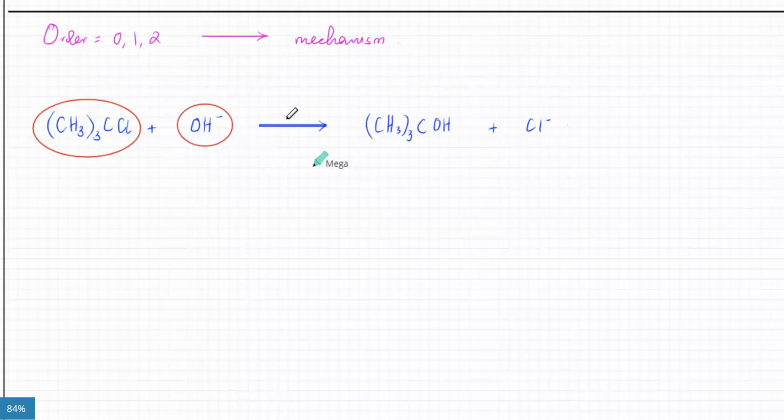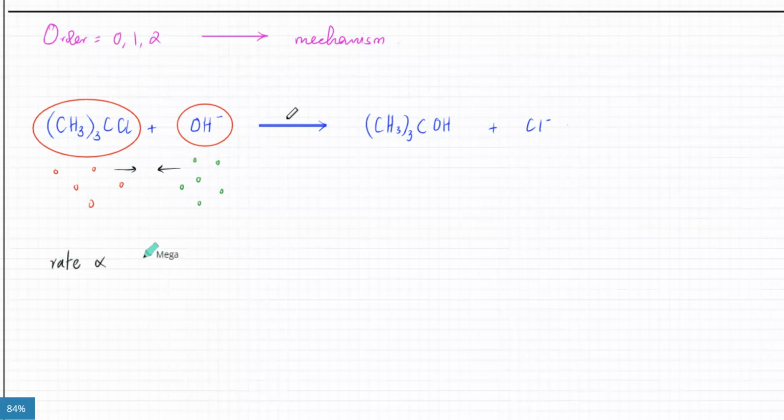Now the rate depends on the concentration of both of these reactants. Like you have this reactant colliding with this other reactant. And due to the collisions, there's going to be a reaction, right? So the rate is dependent probably on both reactants.